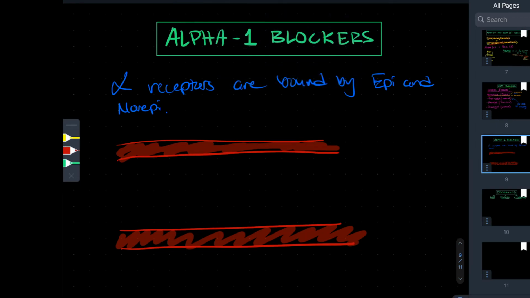So let's say that these are the two walls of the blood vessel.